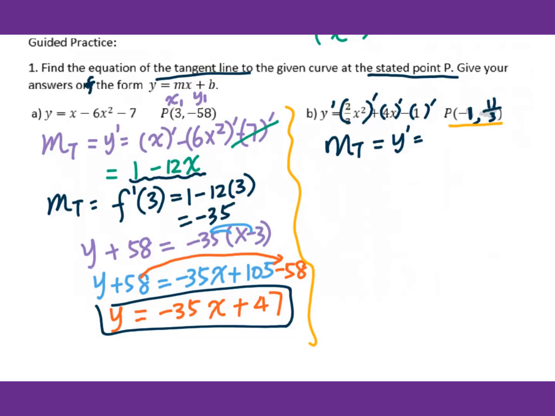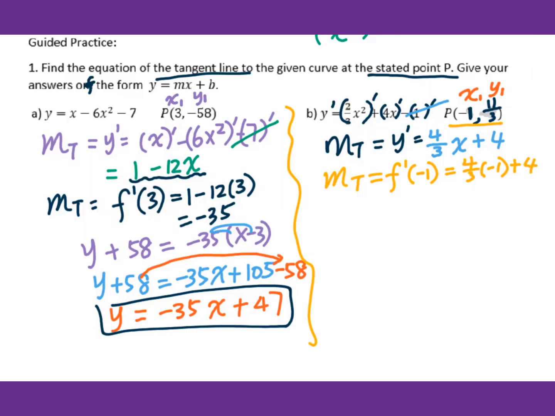So we have 4/3x plus 4. This will be 0. Here's your x1, y1. Then slope of tangent line equals f prime of -1. So we have 4/3 times -1 plus 4. When you put into calculator, you will get 8/3.